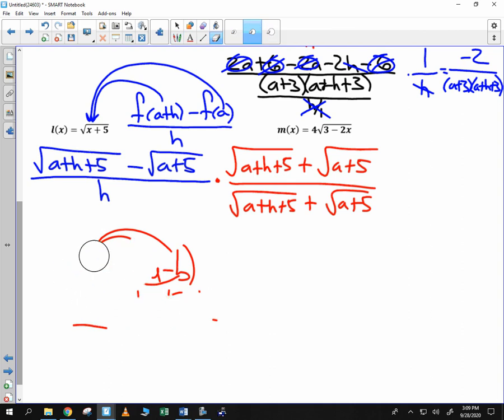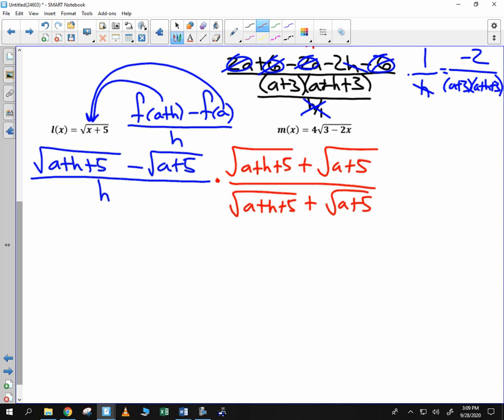So multiplying by the conjugate gives us this beautiful thing where the square roots are going to cancel. Like the square root of a plus h plus 5 times the square root of a plus h plus 5 is just going to give me a plus h plus 5. And then when you multiply these two and these two, they will be direct opposites and they will cancel.